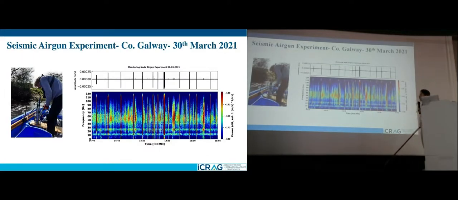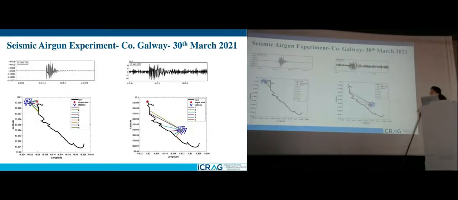So we did some air gun experiments near the resurgence point of the cave in the lake. And you see the air gun shots near the monitoring geophone station, which was deployed here. And we tried to track one of the shots, for example this one, using array processing.